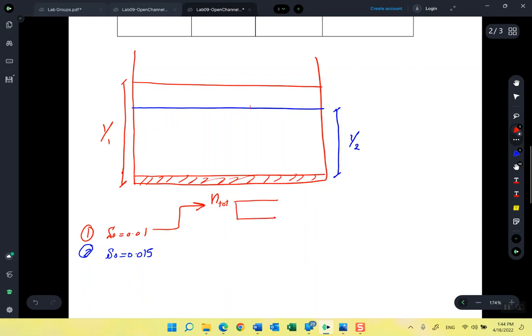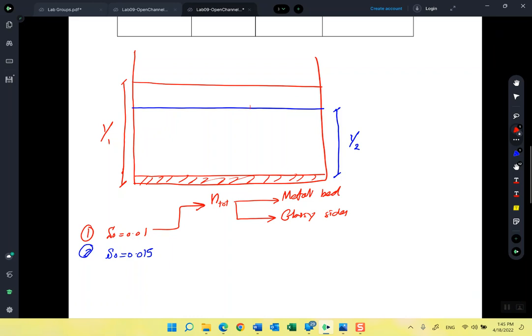The first one is the contribution from the metal bed and the glassy sides, right?